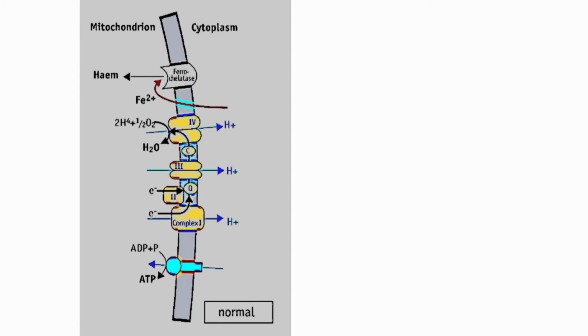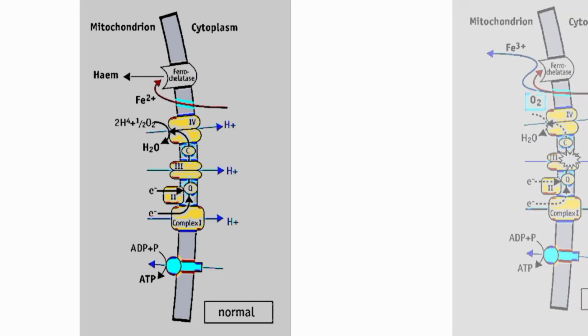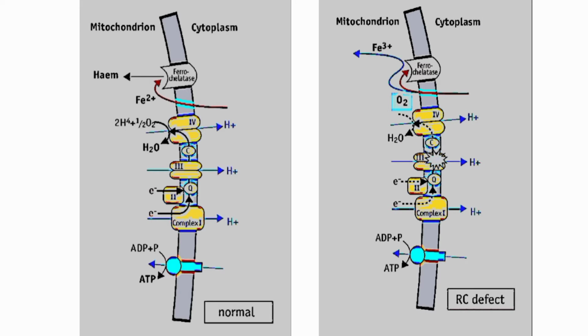To understand this, we have to look into the membrane of the mitochondria. The normal membrane has a protein bound to itself named ferrochelatase. It combines the Fe2+ iron with protoporphyrin and helps in the formation of heme.